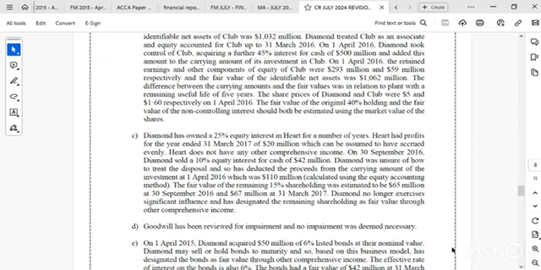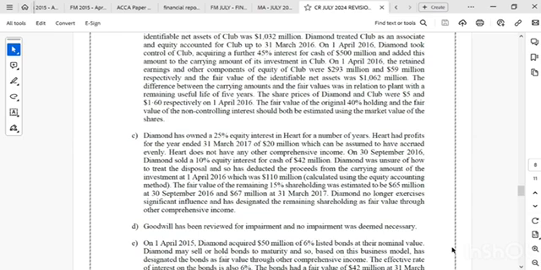On 30 September 2016, Diamond sold a 10% equity interest for cash of $42 million. Diamond was unsure of how to treat the disposal and so has deducted the proceeds from the carrying amount of the investment at 1 April 2016, which was $110 million, calculated using the equity accounting method.